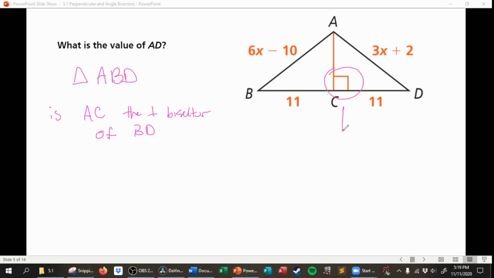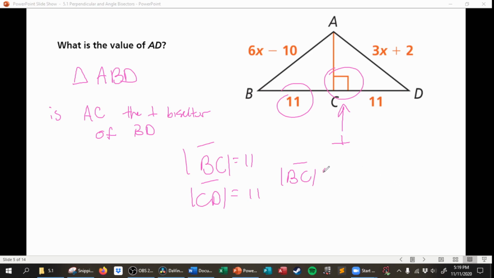I have a 90-degree angle, which means perpendicular, and I have BC is 11, and CD is 11. And since 11 is equal to 11, I can say that the length of BC is congruent to the length of CD.